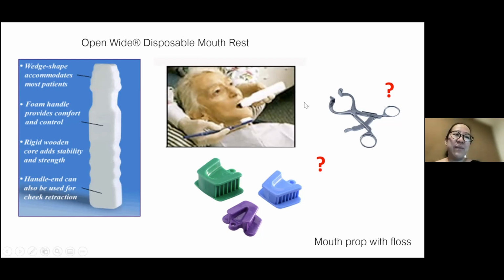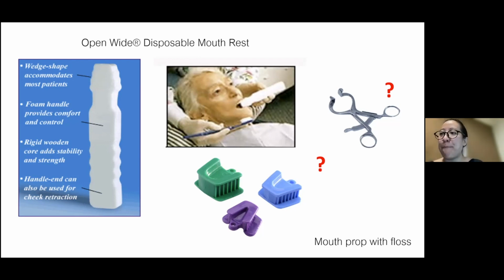Okay? A mouth prop, I don't really recommend if the patient has behavioral or psychological symptoms. They would chew multiple times, and they can also choke on this mouth prop, even though you have floss with it. You have to fight with the patient, and if they are difficult patients who cannot open their mouth easily, then there might be some incident.